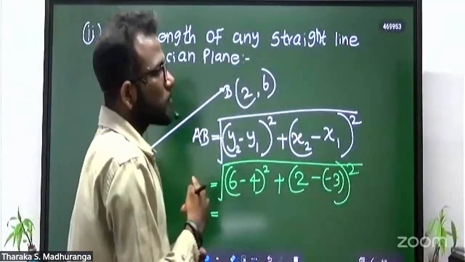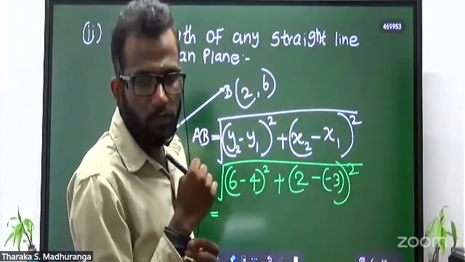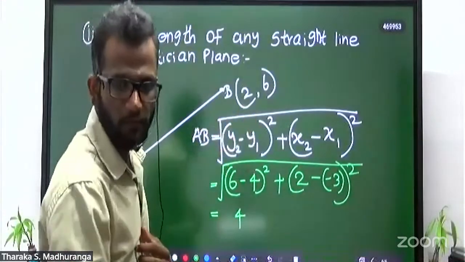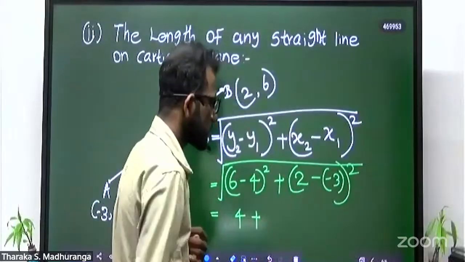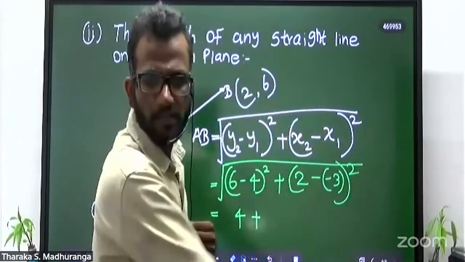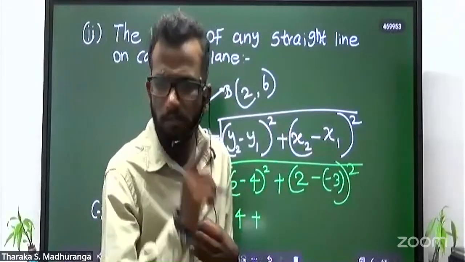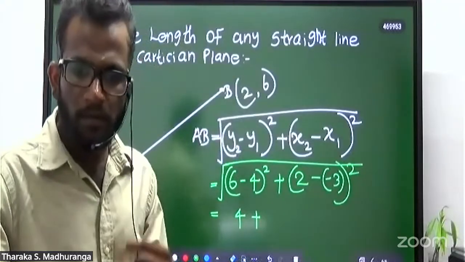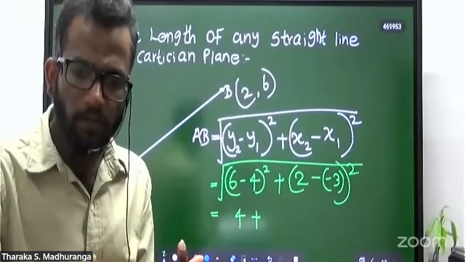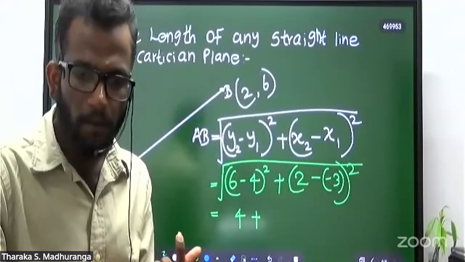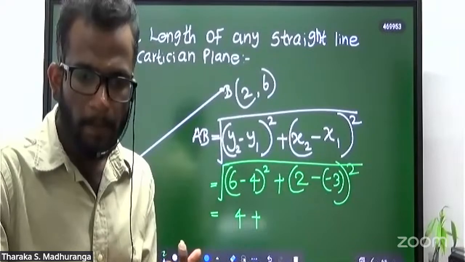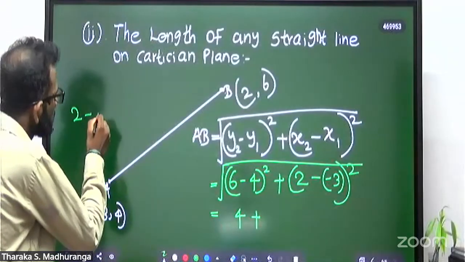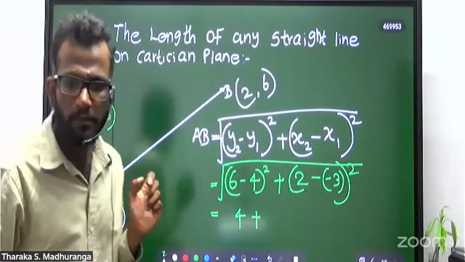Okay, now 6 minus 4 is 2. 2 squared is 4. Plus 2 minus -3. What is the value? It is 5.